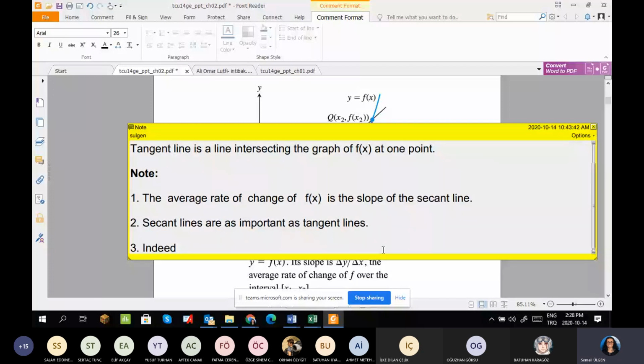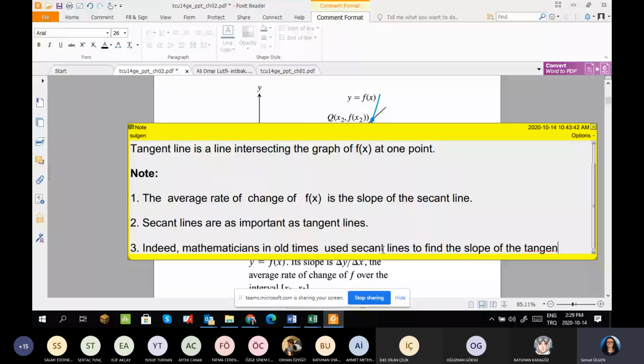mathematicians in all times used secant lines to find the slope of the tangent line.